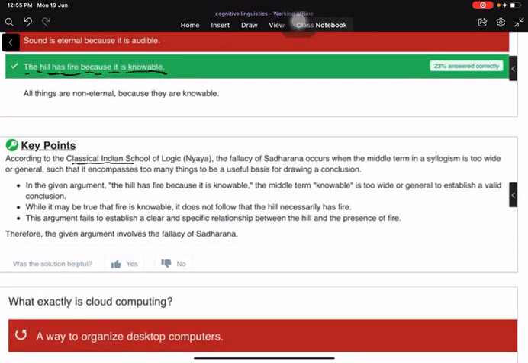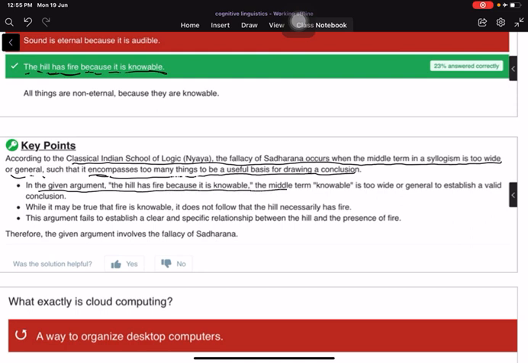According to Nyaya, the fallacy of sadharan occurs when the middle term in syllogism is too wide or general, such that it encompasses too many things to be a useful basis for drawing a conclusion. In the given argument, the middle term knowable is too wide or general to establish a valid conclusion.